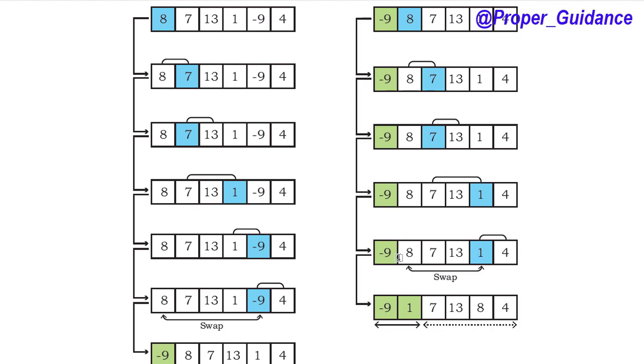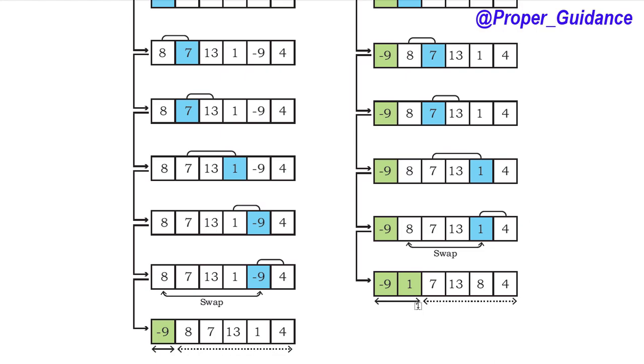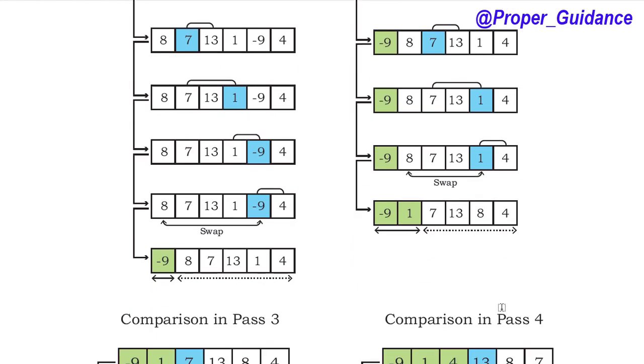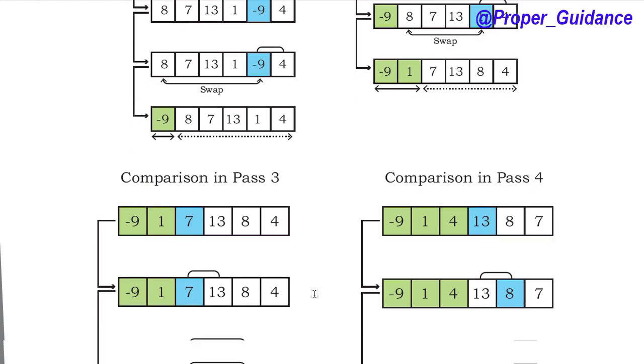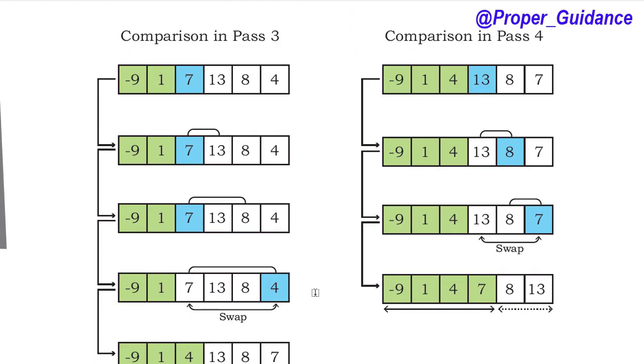So 1 and 8 are swapping their positions, we get 1, and now -9 as well as 1 will be fixed. The remaining section with the dotted lines, from index number 2 to index number 5, will be considered for comparison in pass 3. We will consider from index number 2 here, blue box.